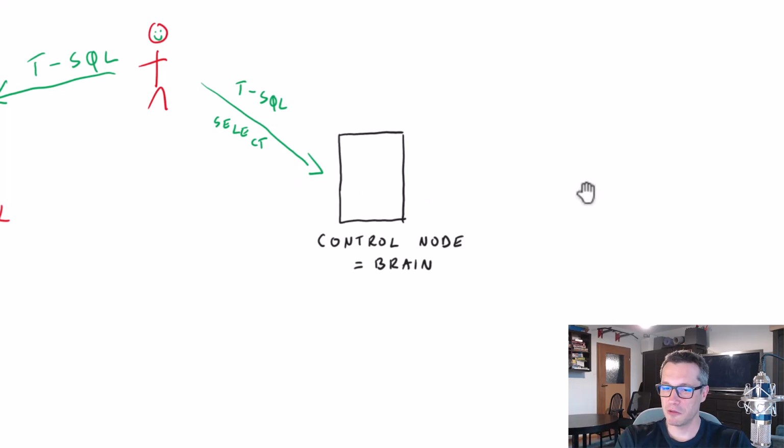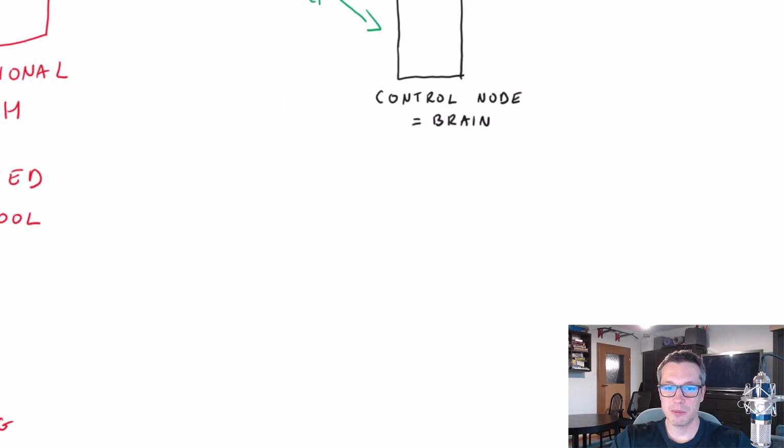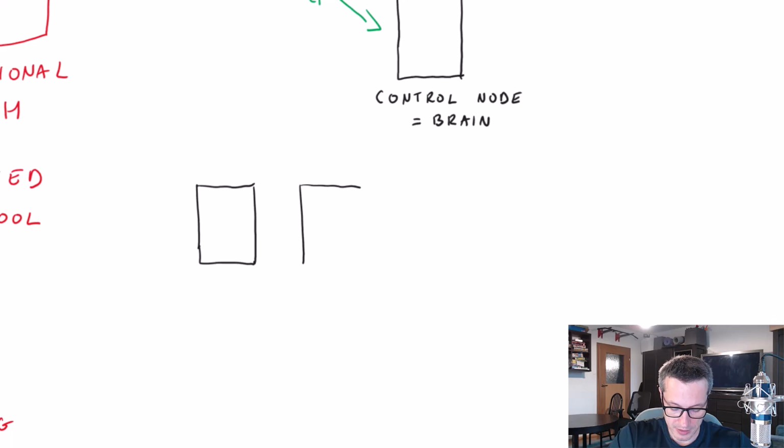Now, what does the control node do? Well, it doesn't do the work on its own. No, it distributes the workload into one or more compute nodes. So let me add this additional layer of compute power to our diagram. So we have compute nodes, those additional black things, and we can have between 1 to 60 compute nodes.